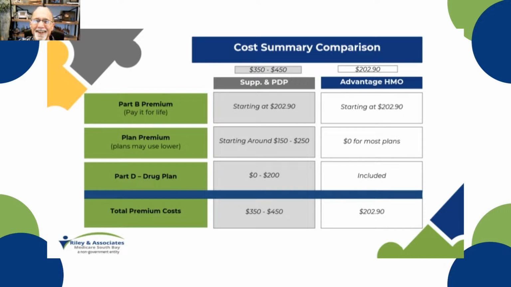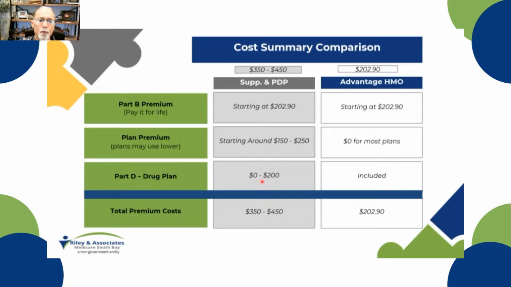Okay, but as I had mentioned at the beginning, you've got two options, right? So let's take a look at those. One is you stay with original Medicare Part A and Part B. You're going to still pay your Part B premium. You're going to add a supplemental plan that's going to pay for your out-of-pocket costs and your gaps, and that'll be $150 to $250 a month, depending on what age you are when you come in.